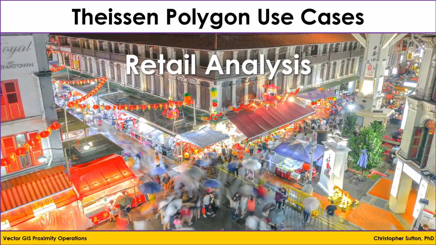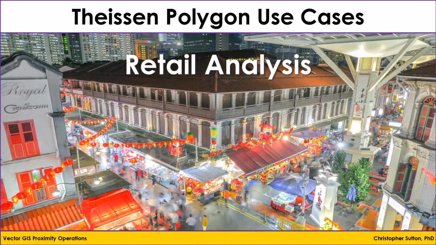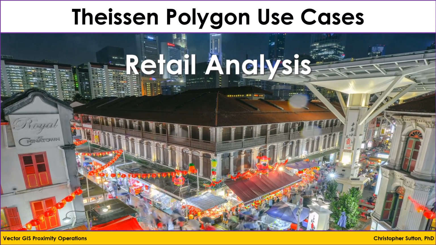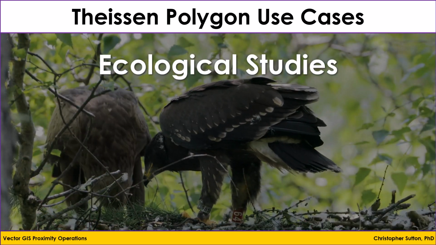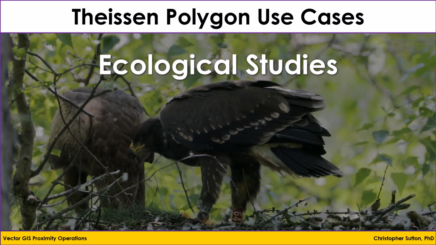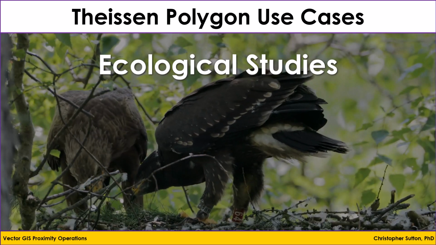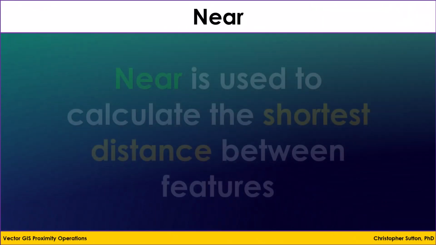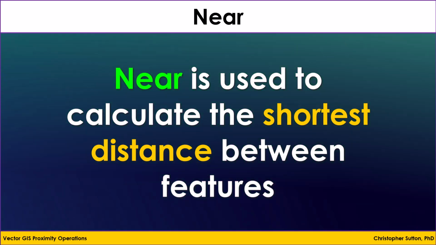We use Thiessen polygons in retail analysis to define trade areas for stores where customers will naturally go to the nearest location. And we can use Thiessen polygons in ecological studies to define territorial ranges for animal species based on nesting locations.